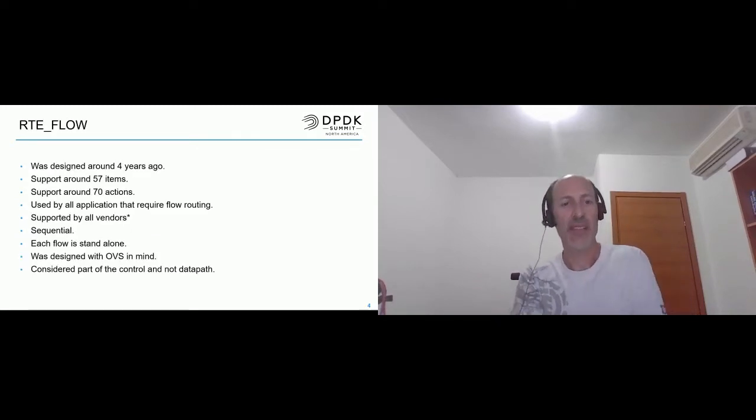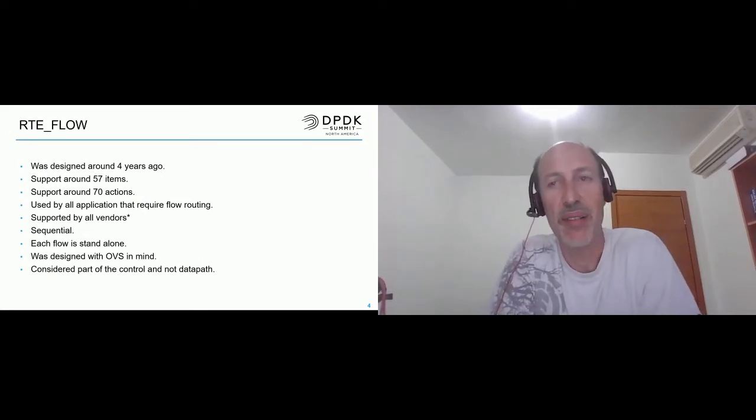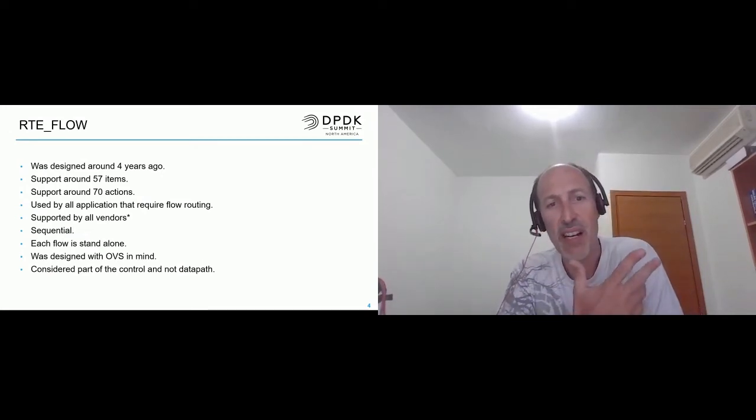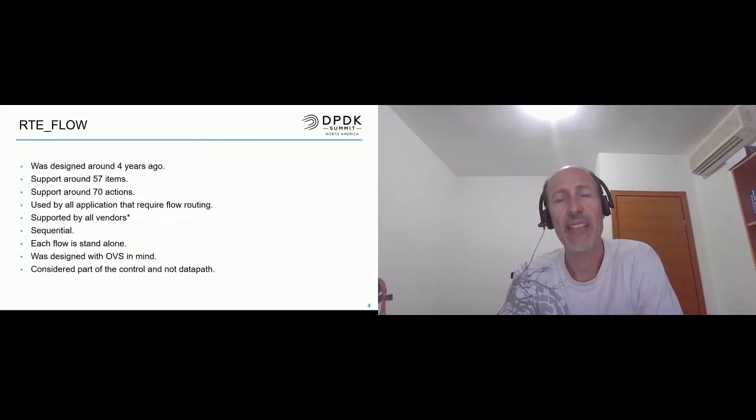Okay, so about the RTE flow. It was designed around 4 years ago. It supports around 57 different items and around 70 different actions, which is quite a lot. It's used by all applications that require any flow routing, basically all applications.